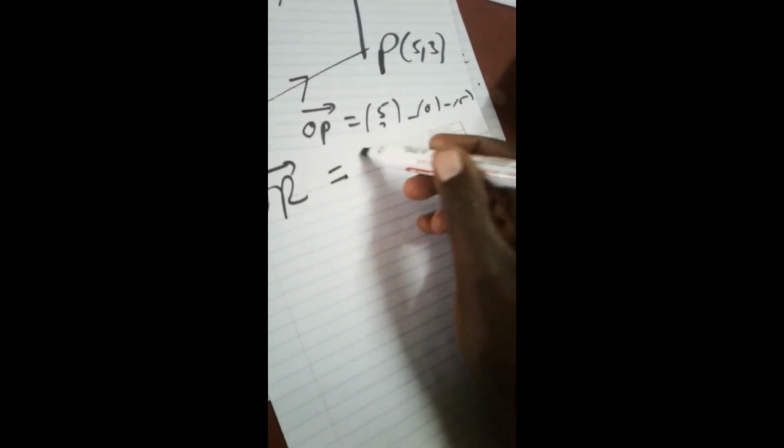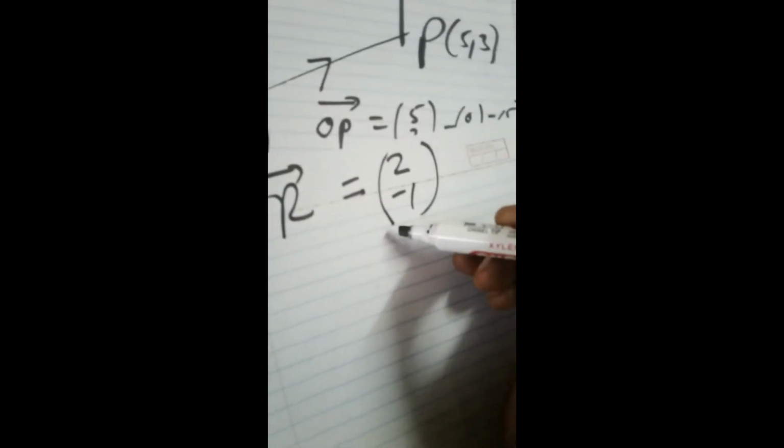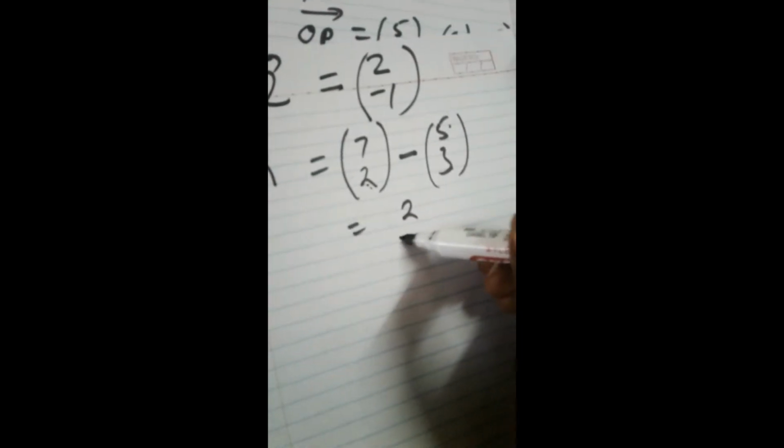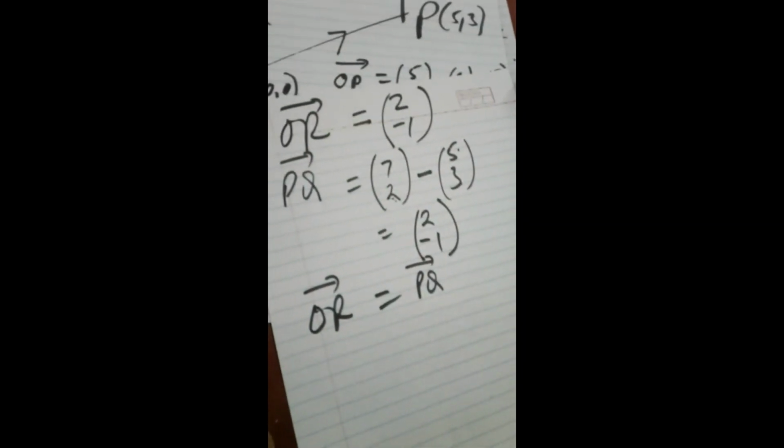So OR is given as 2, negative 1, and PQ is Q minus P, which is 2 minus 5, 7 minus 3... You can see clearly that OR is equal to PQ, and on our parallelogram they are parallel.